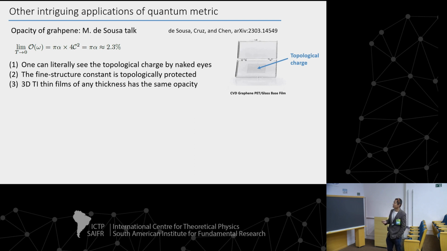As a result, when you see single layer graphene, for instance like this one, you can actually buy it commercially, graphene on PET or on a glass-based film. The opacity, the fact that you are seeing 2.3% opacity against any color and any polarization of the light, is because you are seeing the topological charge. And this also implies that the fine structure constant is topologically protected, and also all the 3D TI films of any thickness should have the same opacity.